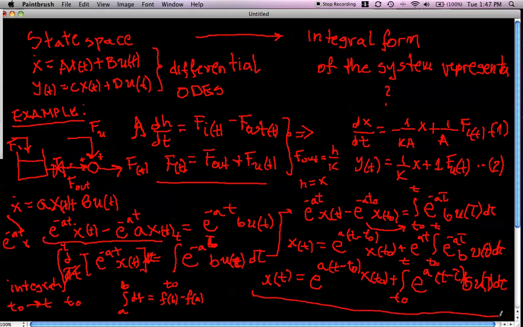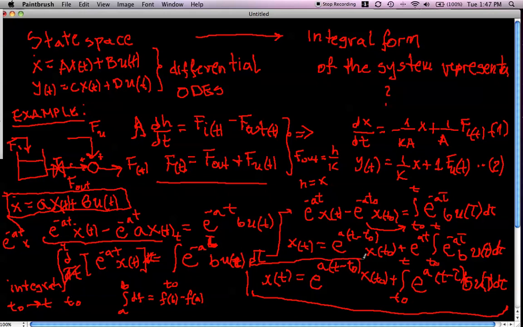Finally, all of this is an integral expression of the differential form that we have. So this was the differential form here, and we obtained the integral expression of this form.